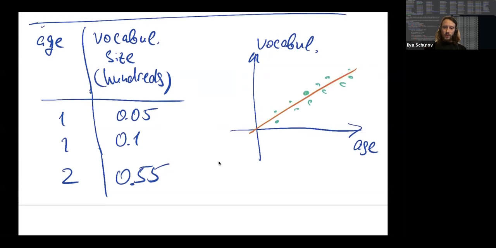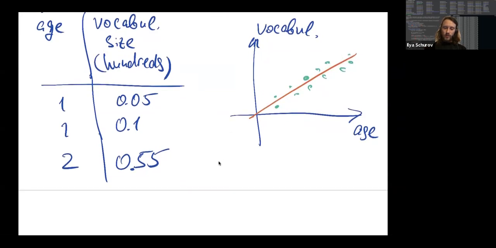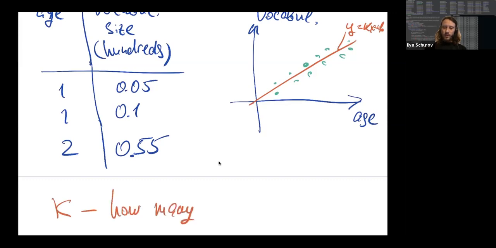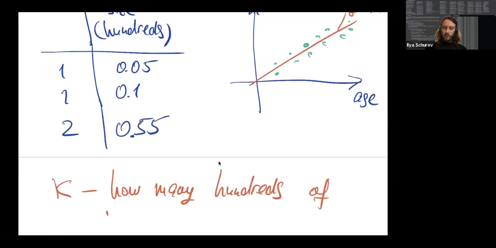In other terms, if I have again some equation like this, then k is the answer for the following question: how many hundreds of words do they learn every year?